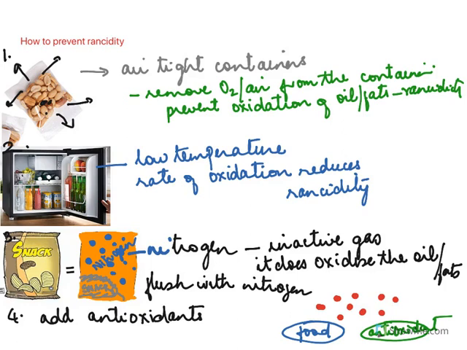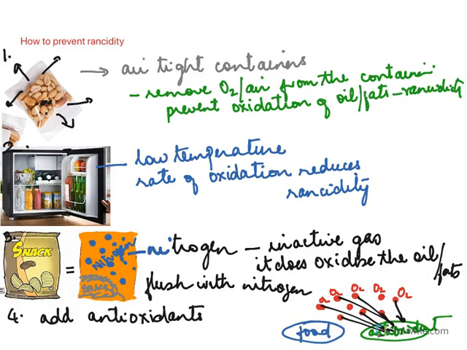What does the antioxidant do? It takes up the oxygen. All the oxygen is taken up by the antioxidant, and hence there is no oxygen for the food to oxidize.